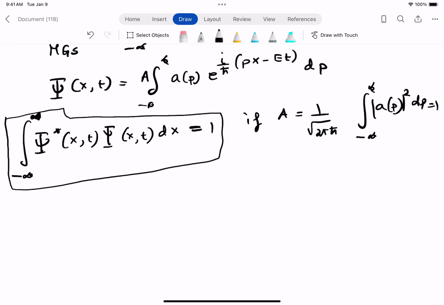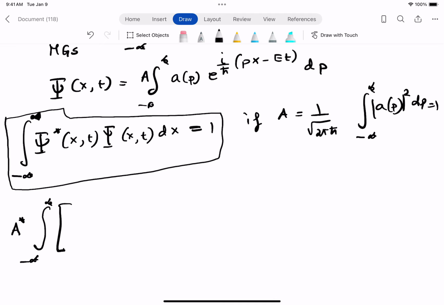just directly calculate it. I'm going to have the outermost integral, which is over x, and then I'm going to plug in the psi star x. I'm going to take the A completely out of the integral, so I'll write that as A star because I'm doing psi star right now.